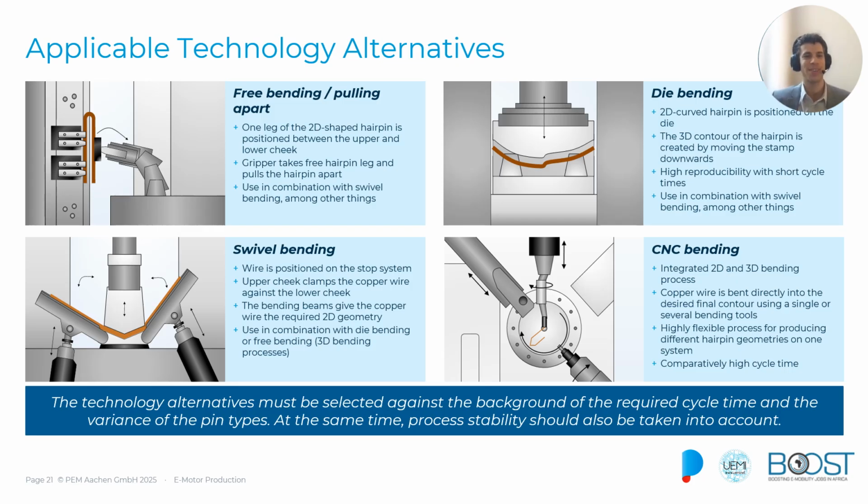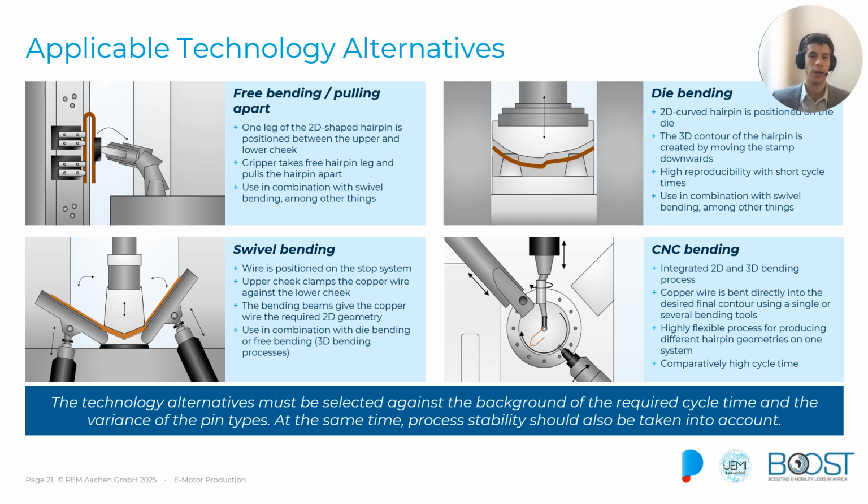On this slide, we see some alternatives to the CNC bending process we just saw in the video. Comparatively, we pay in this process for the highest flexibility with a high cycle time. Much faster are the other three bending processes we see on this slide.